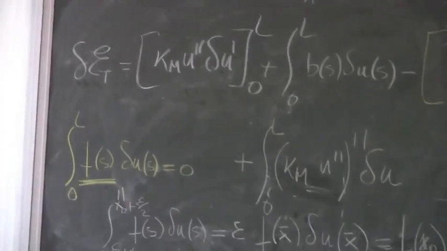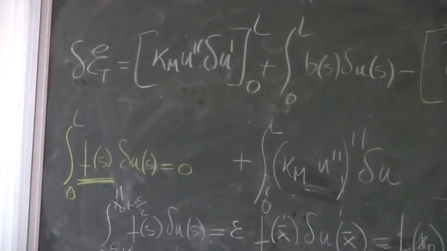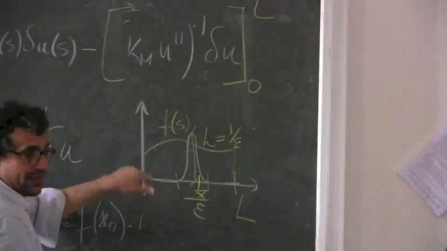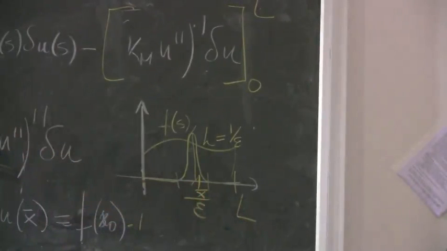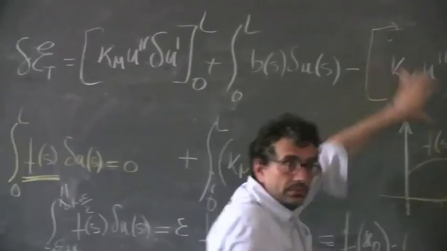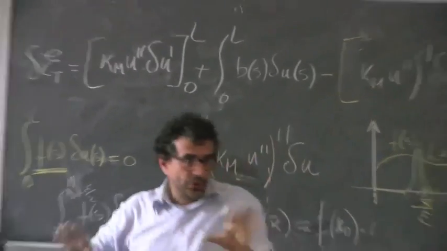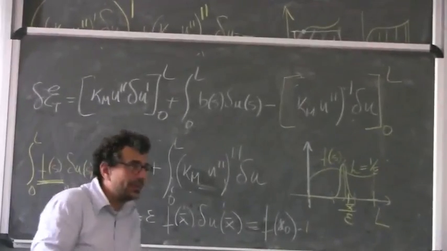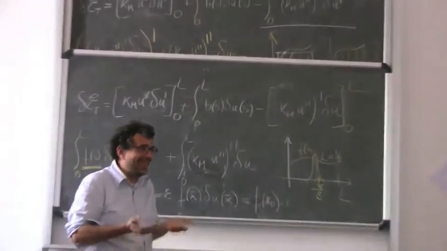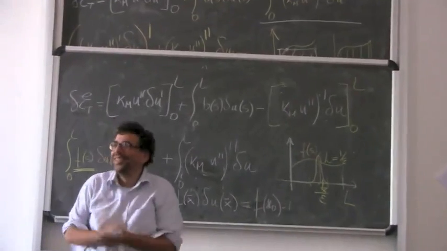Somebody could tell me about what you are doing in 0 and L. This function here is 0 together with all its derivatives in 0 and L. So this animal and this animal are 0 for the moment. Okay? If you have to say something, tell it now.